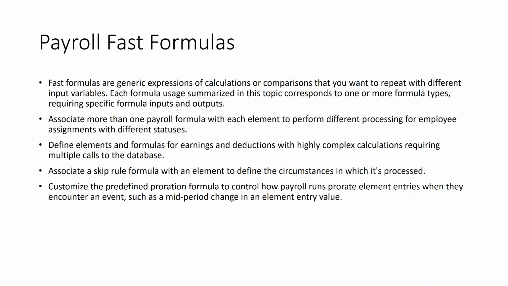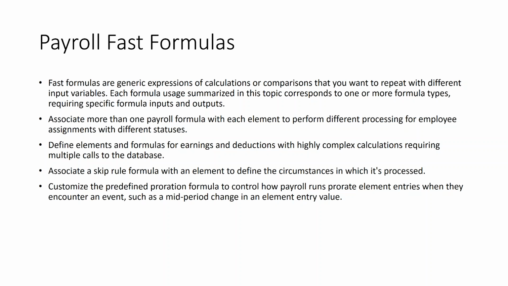We only had element entries for the proration factor. Now in later releases like release 10 and 11, we have a lot of proration events given by Oracle. We have the entire assignment table given by Oracle to attach to the proration group. But earlier we didn't have this. So at that time, we used to write fast formulas to take care of proration and the retro.